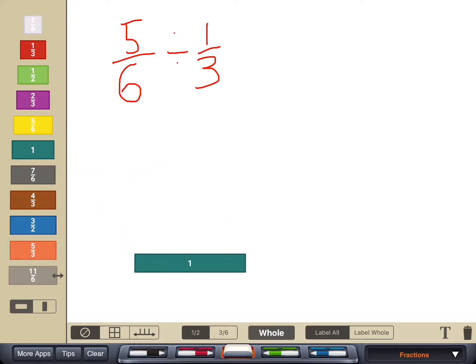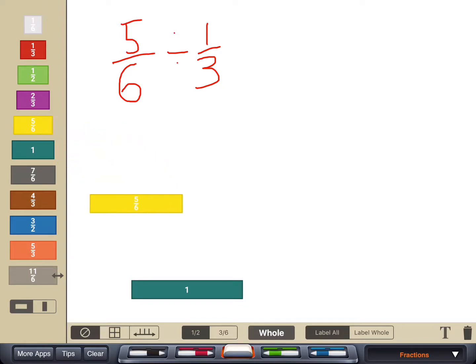So here's my whole. I'm working with fractions, so I need to know what the whole is. And so I'm going to grab 5/6, which is right here. So if that green bar is 1 whole, then the yellow is 5/6. And my question is, how many times can 1/3 go into it? So 1/3 would fit into it once, twice, but not 3 times.